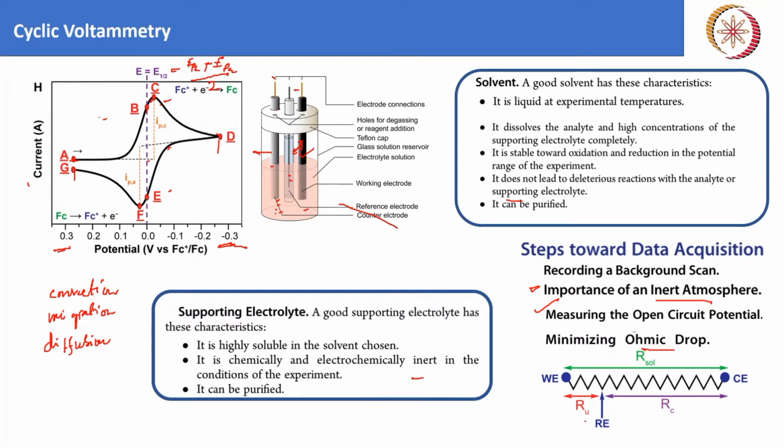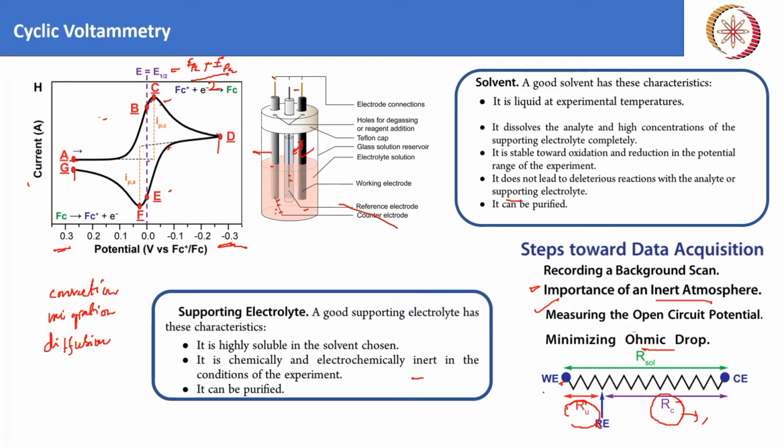There is basically a resistance between the working electrode and the counter electrode, which is known as the solution resistance, and it has two parts. One is the uncompensated resistance and the other is the compensated resistance, which the instrument can take care of. The uncompensated resistance is basically the resistance between the working electrode and the reference electrode.